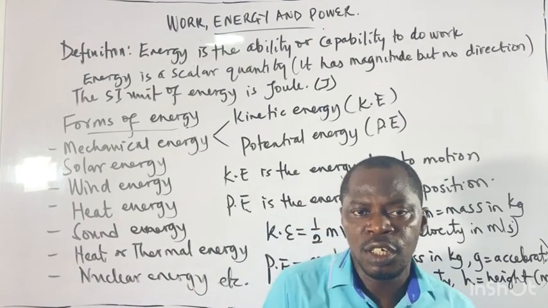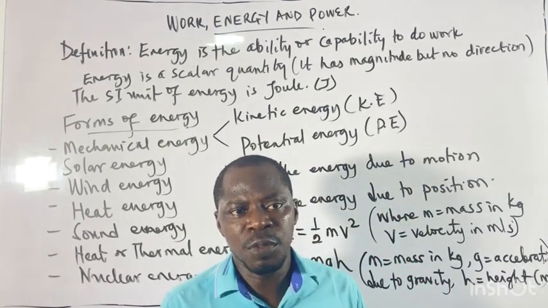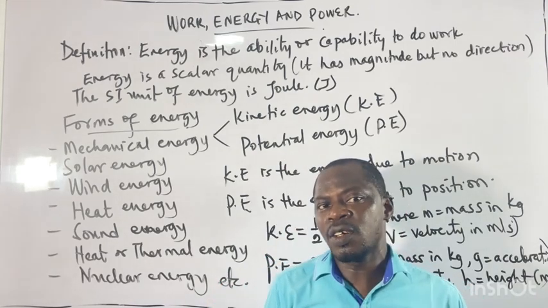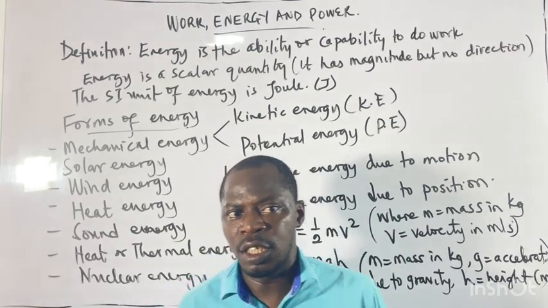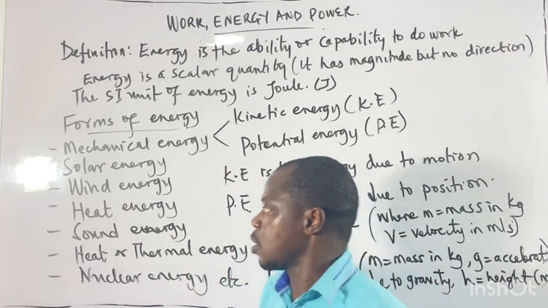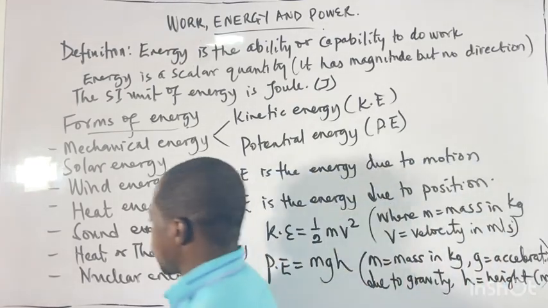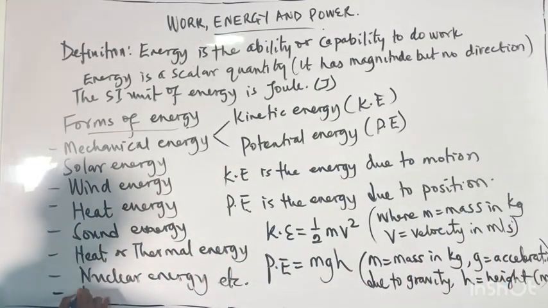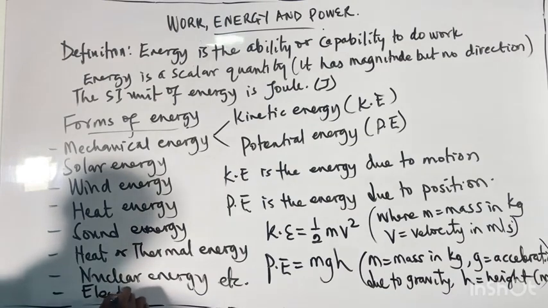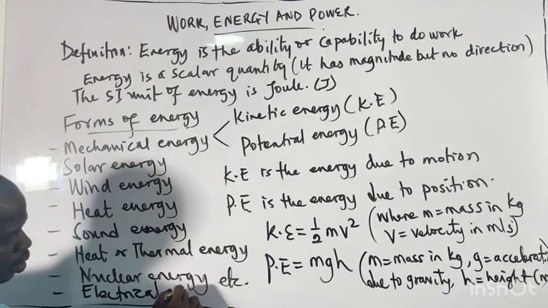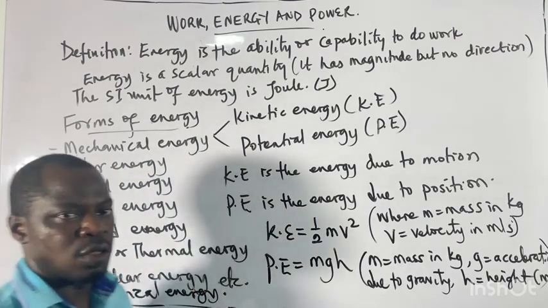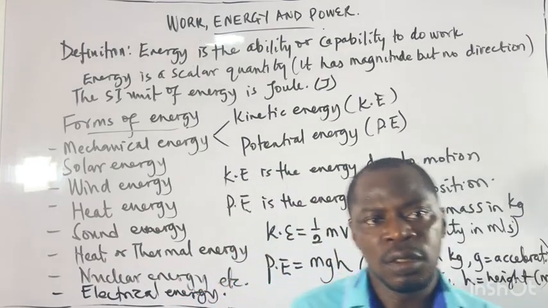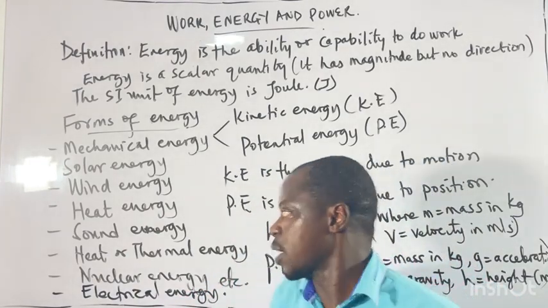Taking for instance, your electric iron. What happens in the electric iron is that it converts the electrical energy into heat energy. Electrical energy is also part of the forms of energy. The bulb that you use, the electrical energy is converted into what?